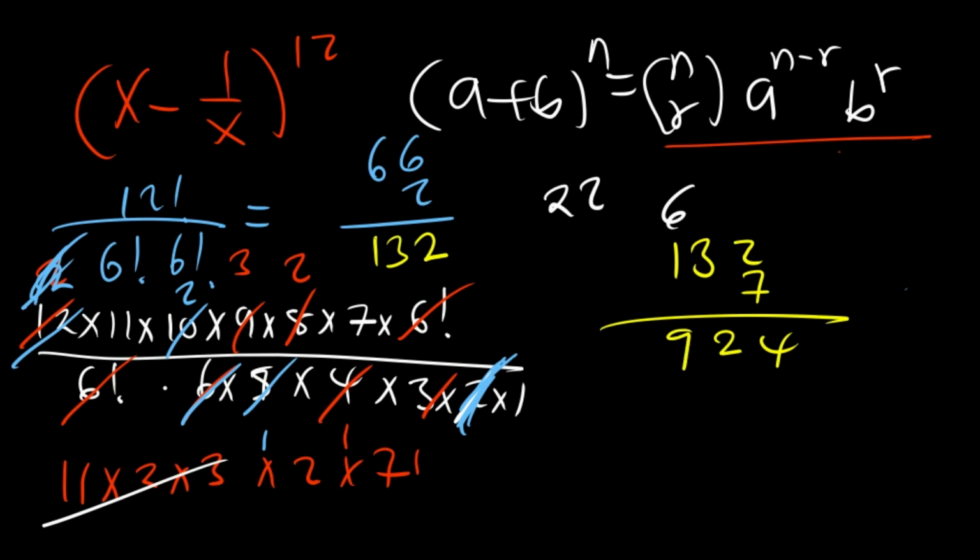So a term independent of x is 924. Unless you have questions. Any question, guys? No question. Let's go to the next one.